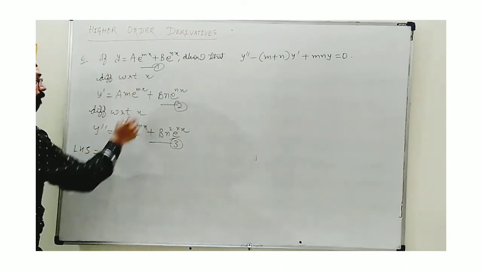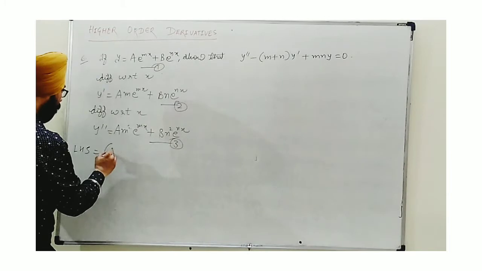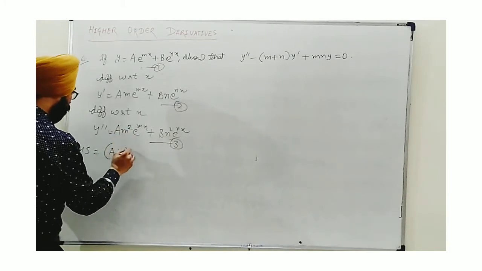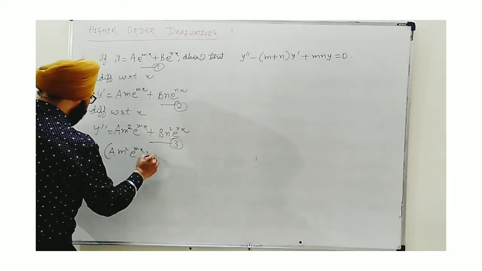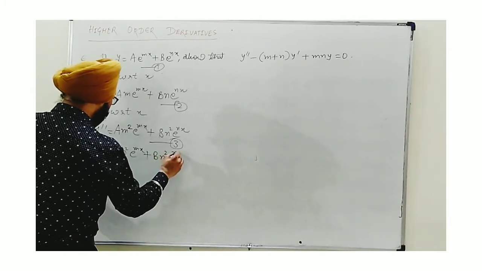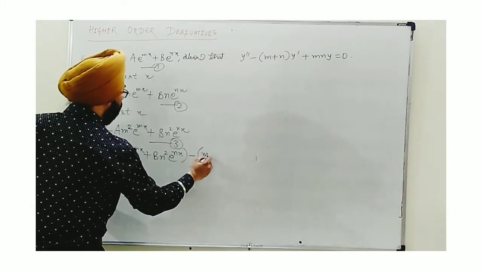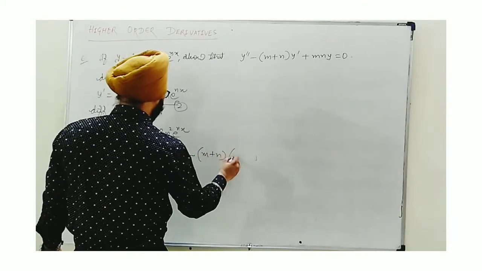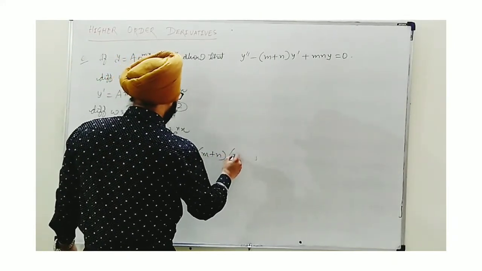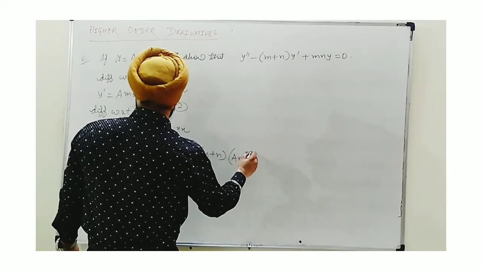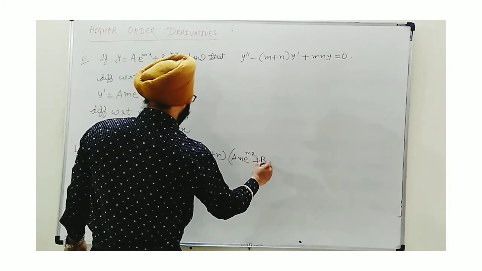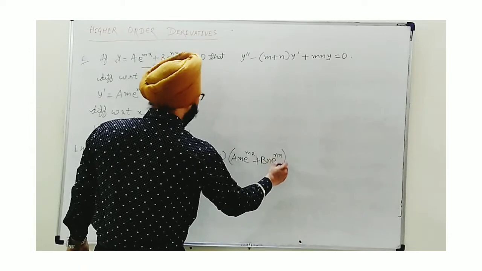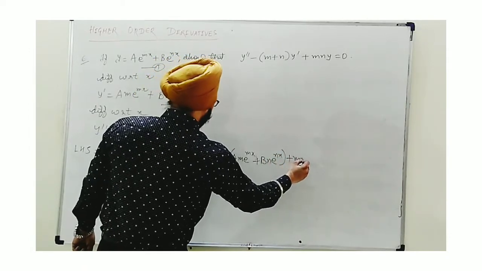We require y double dash first. So its value we will put: a m square e to the power mx plus b n square e to the power nx, minus m plus n times y dash. Y dash we have obtained as a m e to the power mx plus b n e to the power nx, and plus mn and y.